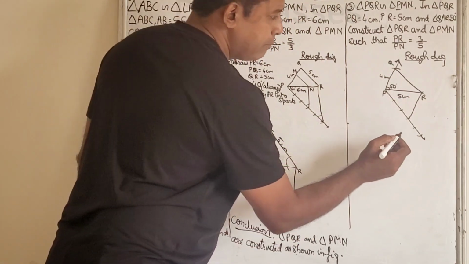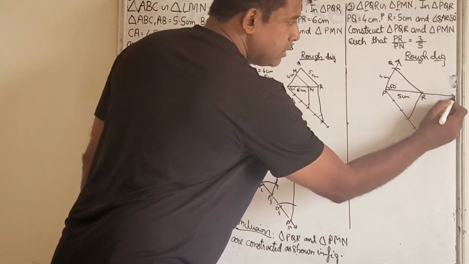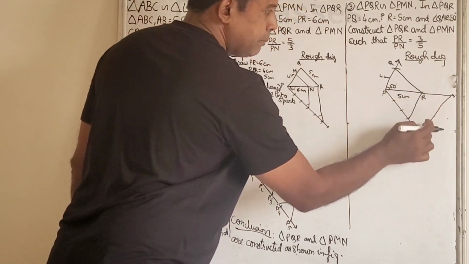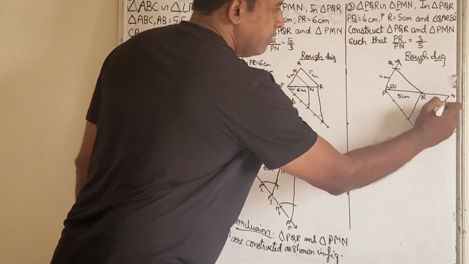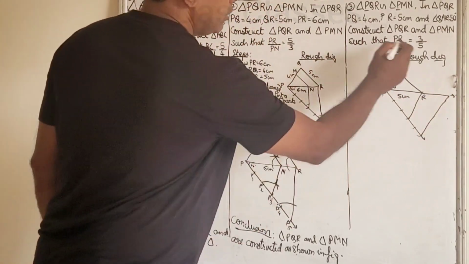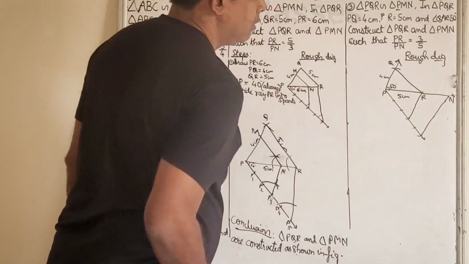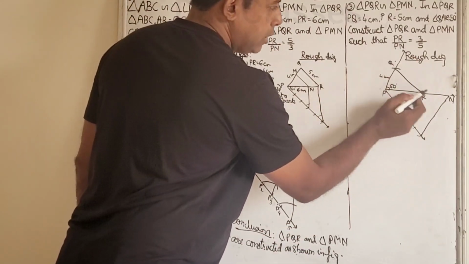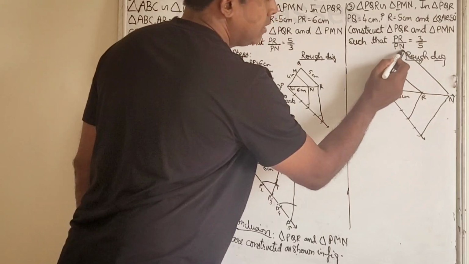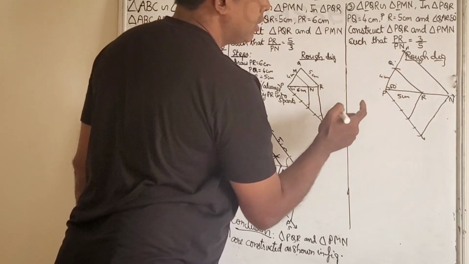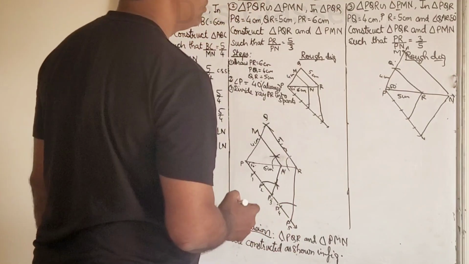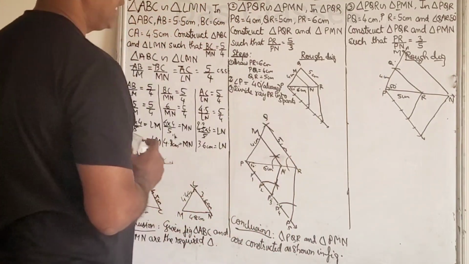And for 5 parts, we have to extend this and draw angles such that this is parallel to this one, and we'll give it the letter N. Then we'll draw parallel to this one, the same angle, and give this the letter M as the third letter. So this is how we have to draw it. This will be the rough diagram.